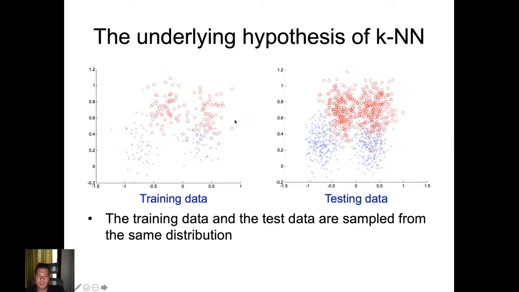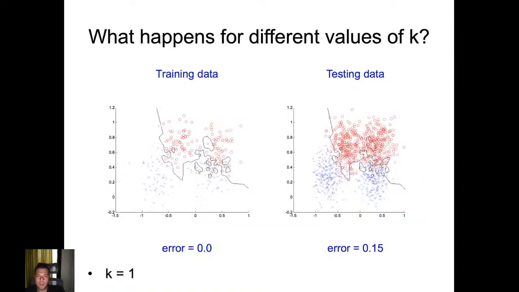between the separating borders. When you apply a one nearest neighbor model, you obtain this border for the separation between the two classes. And of course, when you look at the test data, you will get a lot of error for these irregular regions here. Usually here we expect to have more of these blue axes instead of red circles.